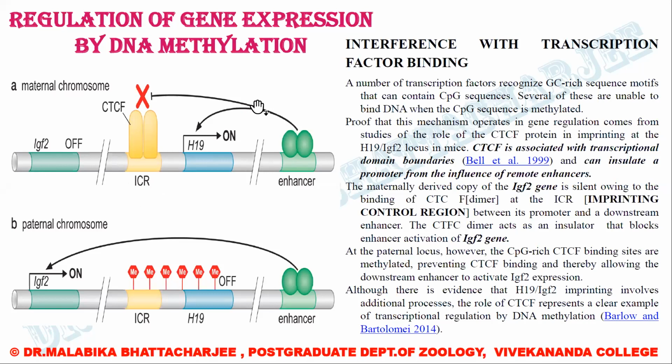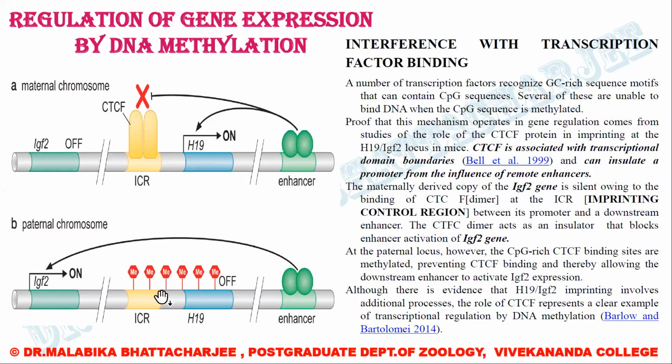They cannot exert their control on the distant IGF2 because there is a sort of wall standing here. So in case of females, since the imprinting control region is not methylated, the H19 gene is expressed. Now let us look into the males.